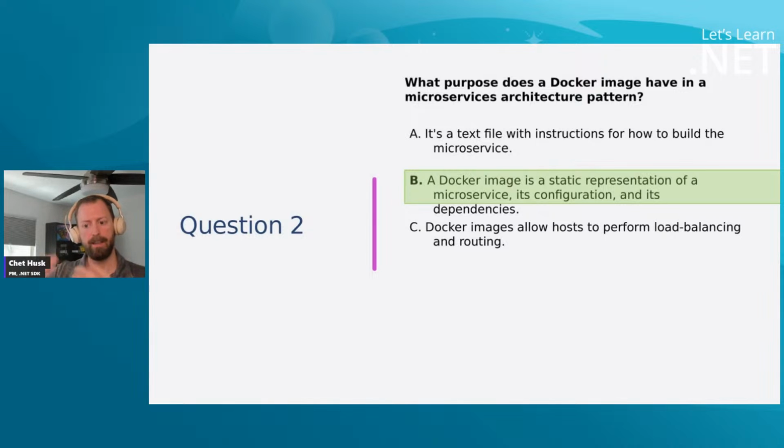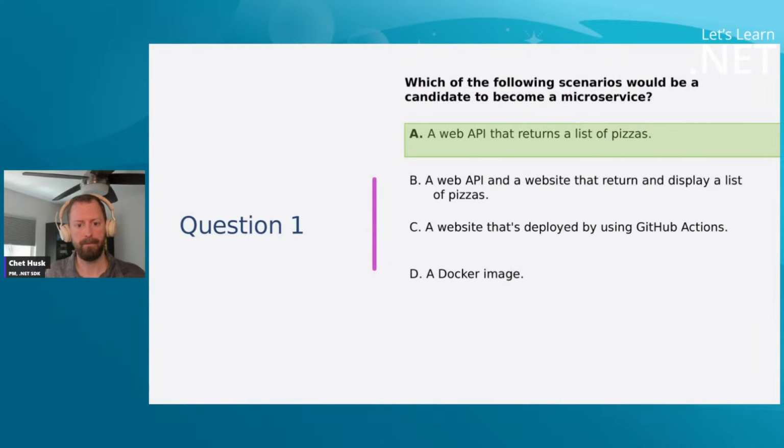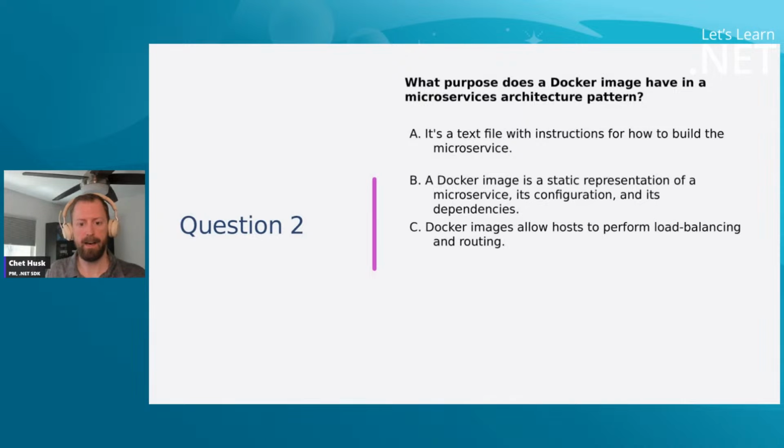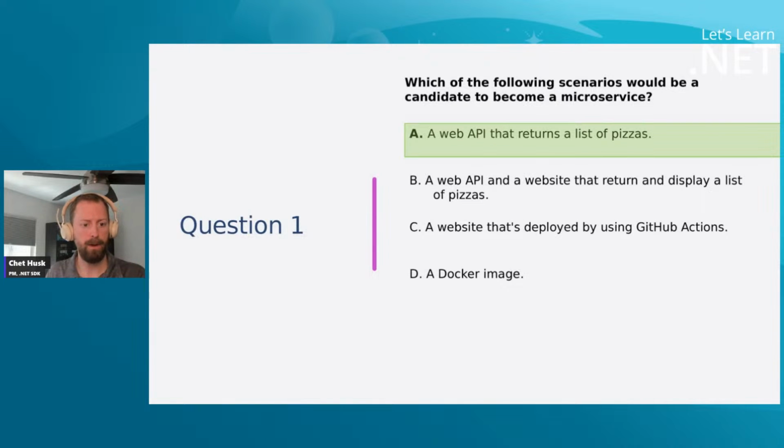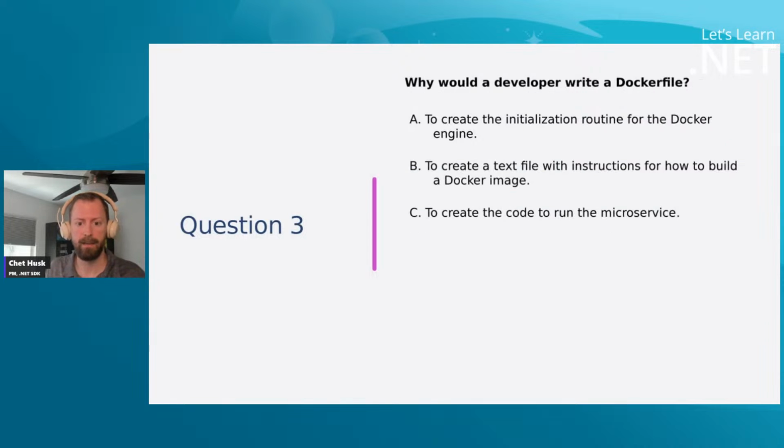And when you run it, it becomes a container. So good job. That was very on point. There were even a couple clarifying questions and answers in the chat. Like Zelko asked, but a website can also be deployed as a microservice, right? And yes, we'll actually see that a little bit later. For this question, the web API and the website would just be separate microservices that deploy independently.